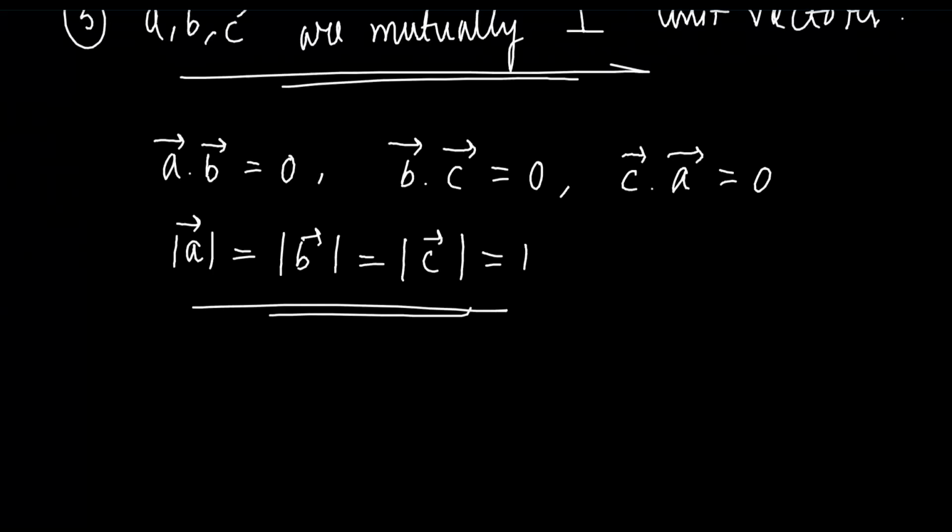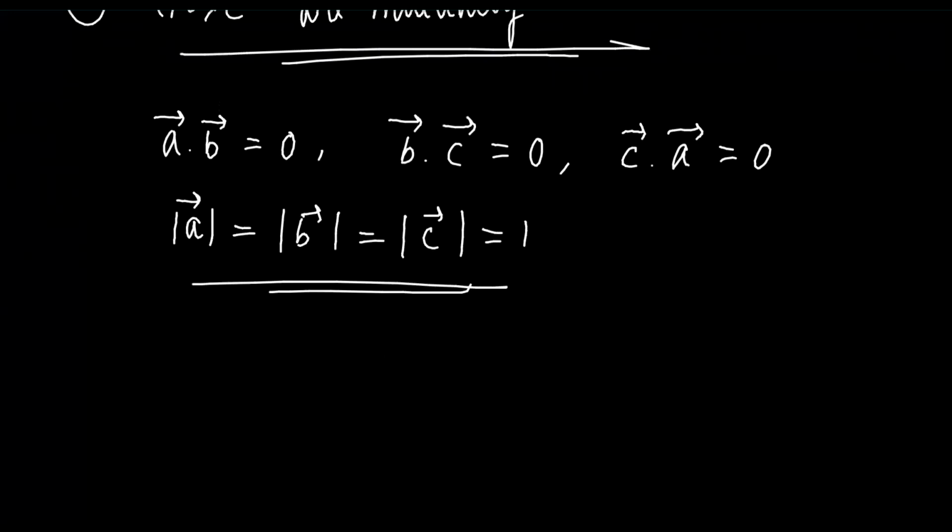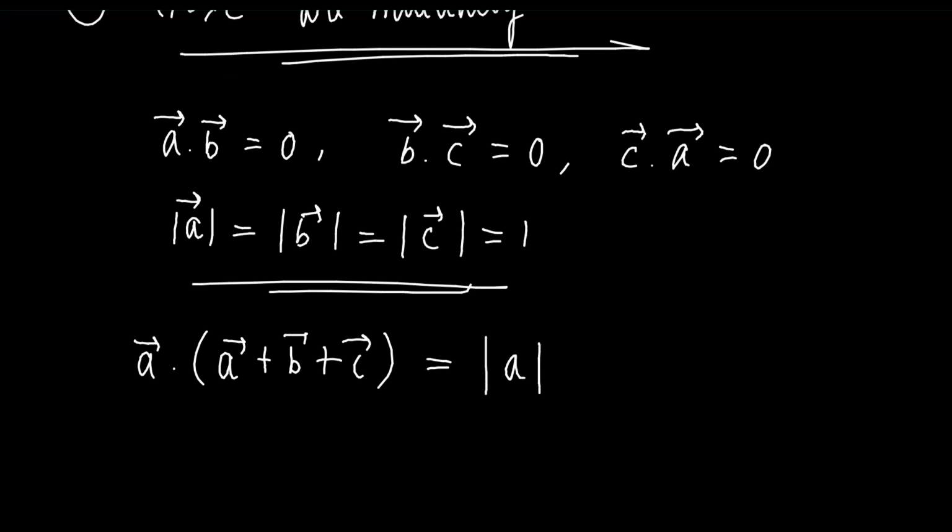Now as they are mutually perpendicular unit vectors, we can write a dot (a plus b plus c) as mod of a into mod of a plus b plus c into cos theta.